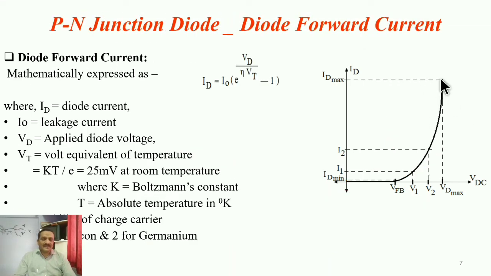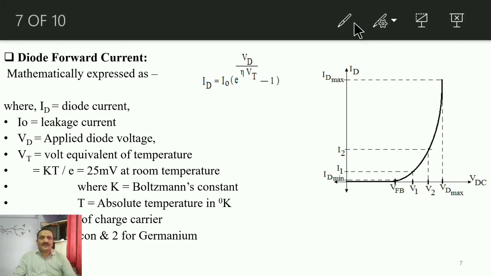Now the PN junction diode current. Already I said that the current is exponential, but mathematically how is it denoted? See, you will observe this standard equation: ID equals IO in brackets e raised to VD by eta VT, minus 1.